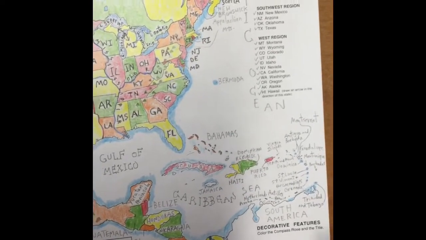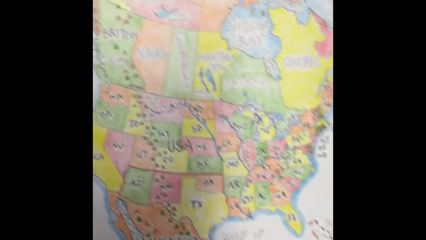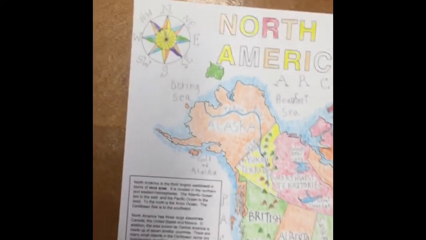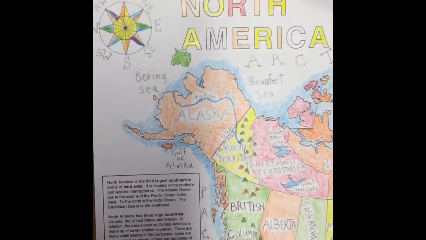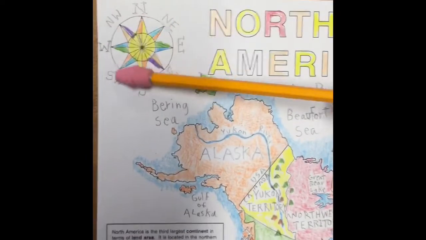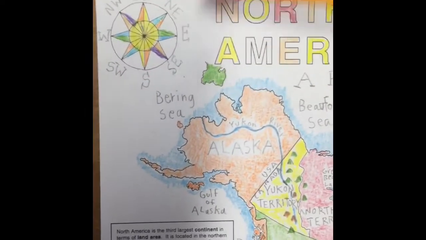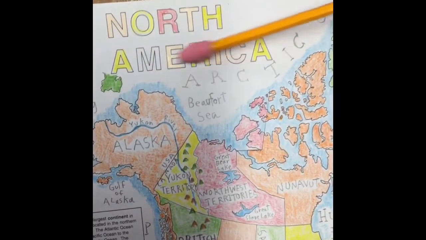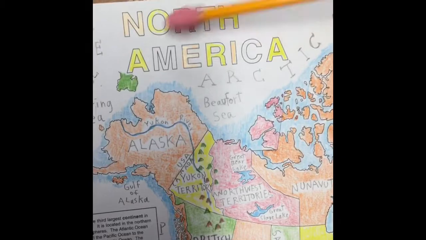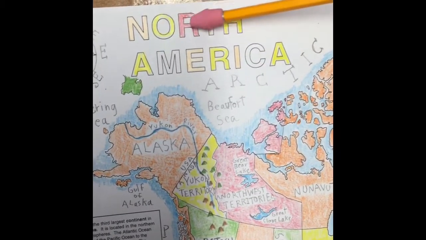Okay, and that pretty much finishes off our Caribbean area. The last video that we're going to do today is dealing with some of the decorative parts of the map. I colored in the compass rose, which we'd already labeled. I've colored in a lot of the letters of the title. I got a couple more to do, and you can finish those up too at some point.